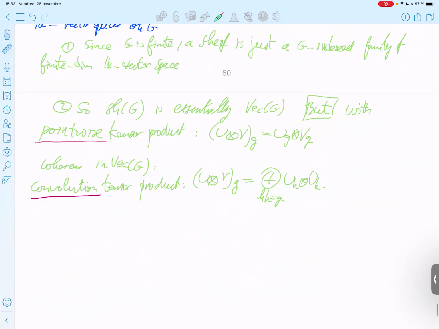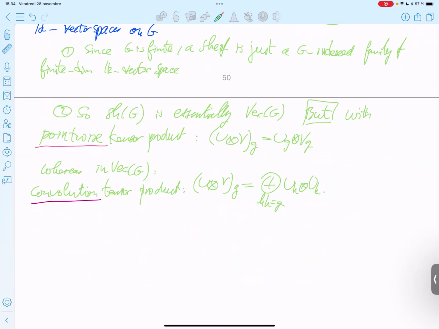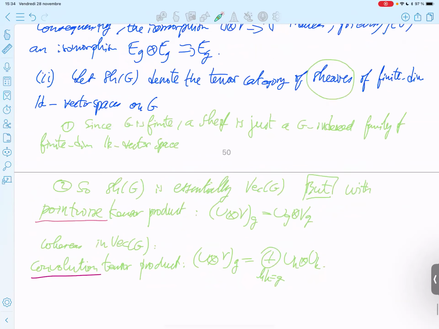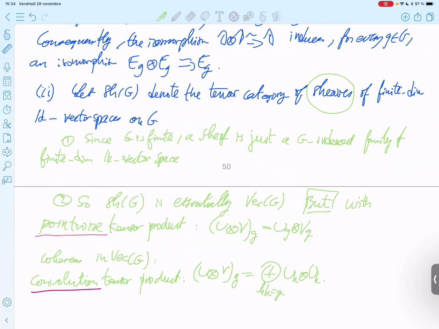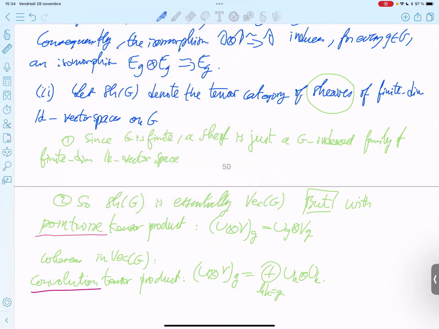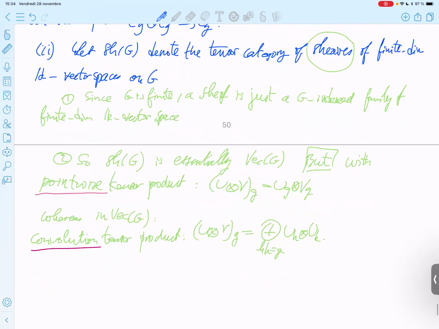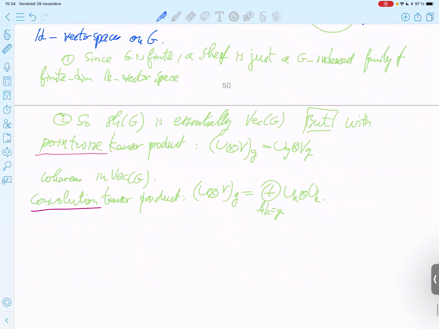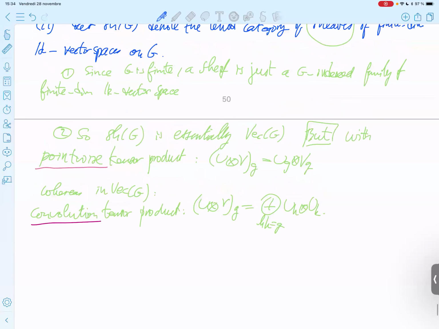Anyway, okay, that's for sheaf. So now, what about this sheaf? So we are still in the remark. By the previous remark. So by what?